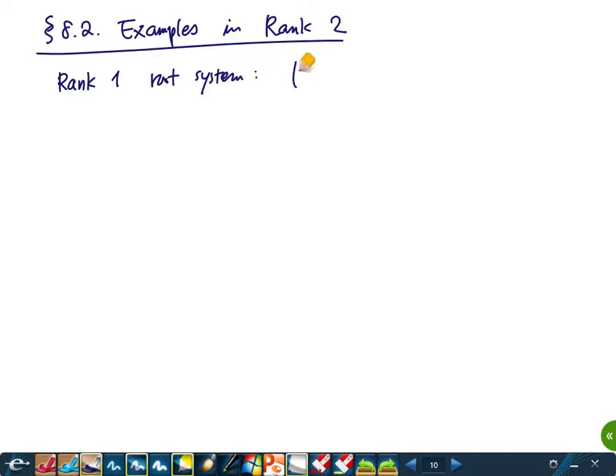We only have alpha and minus alpha, which we have already seen. So this is the type A1 root system. We have a one-dimensional real vector space, or real line, with 2 vectors opposite to each other. So fine. There is only one rank 1 root system up to isomorphism.